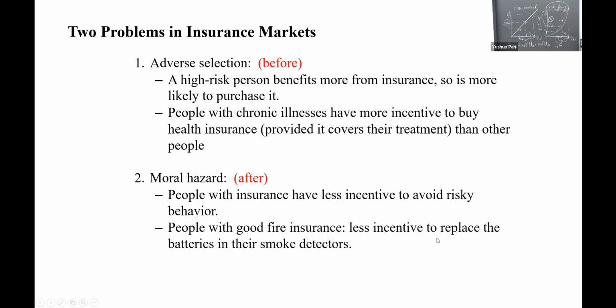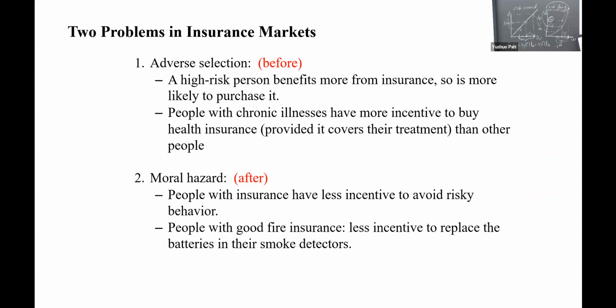So, two problems in insurance markets. You need to know how to distinguish these two. The first one is adverse selection. A high-risk person benefits more from insurance, so they are more likely to purchase it. An example could be people with chronic illness have more incentive to buy health insurance, provided it covers their treatment, than other people.